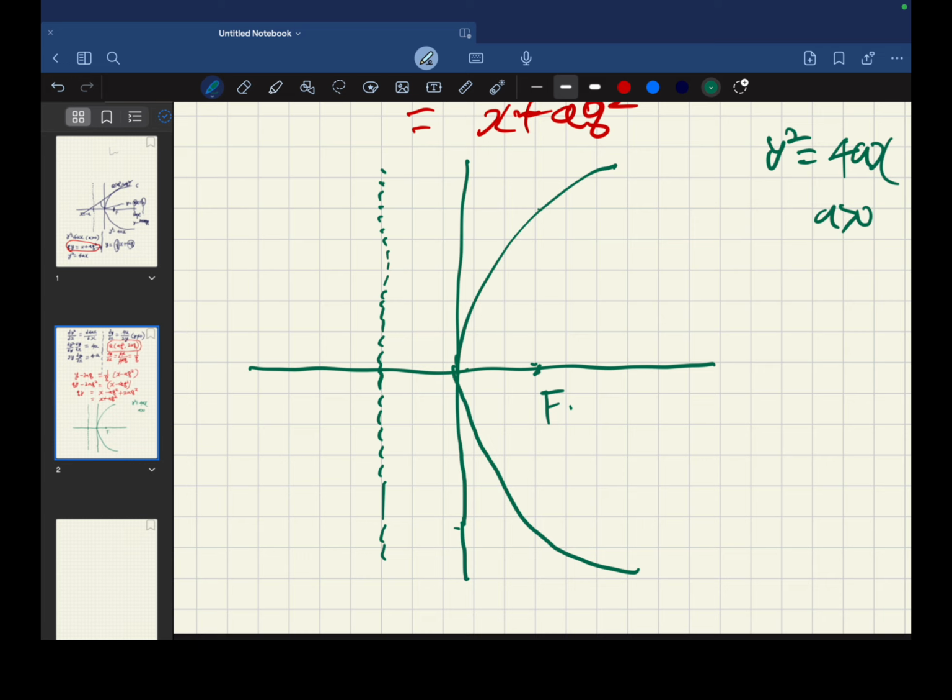And the tangent at Q meets the x-axis at the point X here.